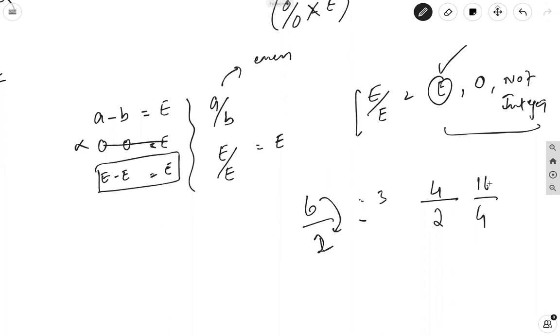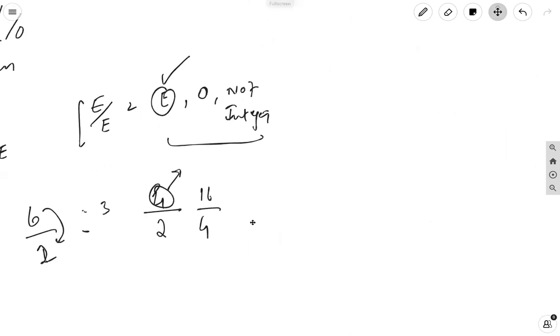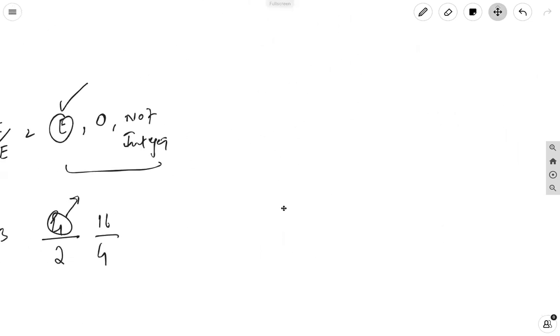Yes. The point is that the numerator must be a multiple of 4, and only in that case will you get an even integer result. Take any example.